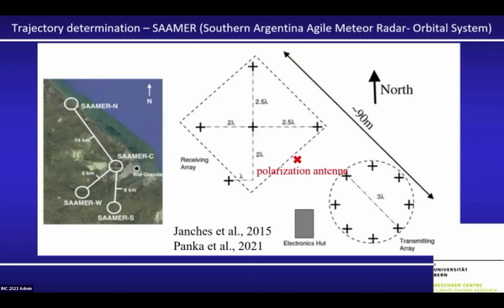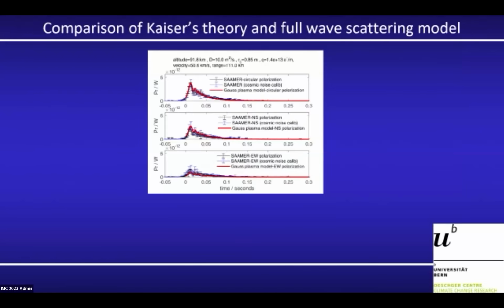The transmitter, which is still shown here as a transmitting array, we only transmitted for this experiment with a single antenna, about 60 kilowatts. The reception is done in the Jones array, shown here, and with 2 separate receivers on the polarization antenna. So in total, we obtain circular polarized signals from the core array and linear polarization signals from our 2 polarization planes, which gives us 3 conditions. And we actually can now fit our model to the 3 conditions.